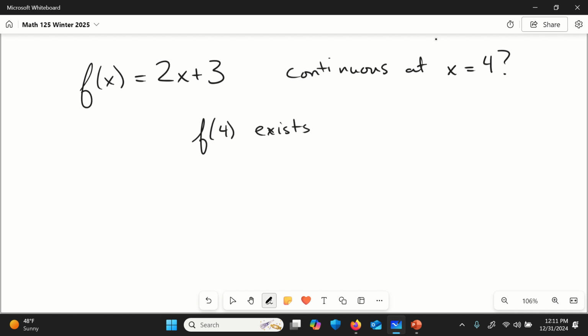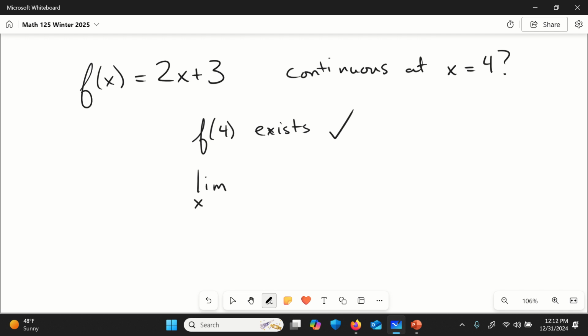Am I allowed to just plug in the value 4 to this function? Does it result in a zero denominator, a square root of a negative, some issues? The answer here is no. This is a linear function, which is a type of polynomial. Polynomials allow you to plug in any real number. 4 is a real number. So yes, the value f of 4 does exist.